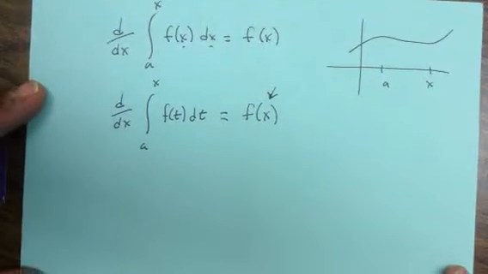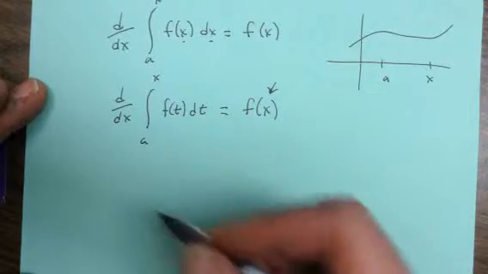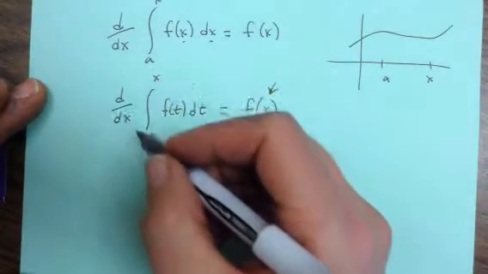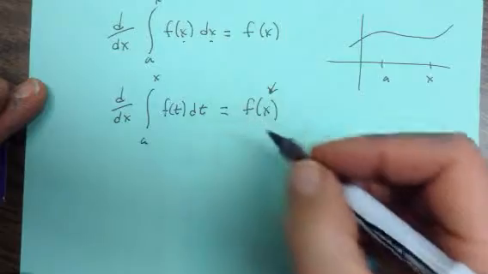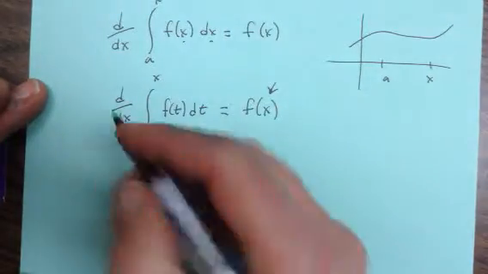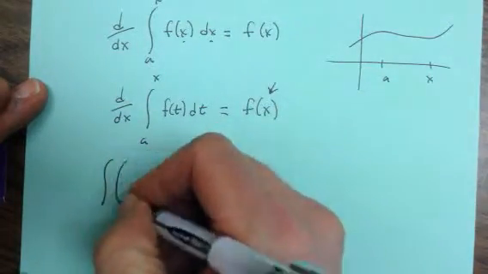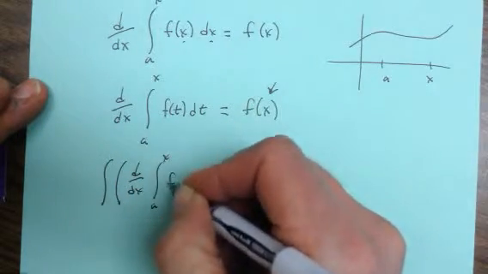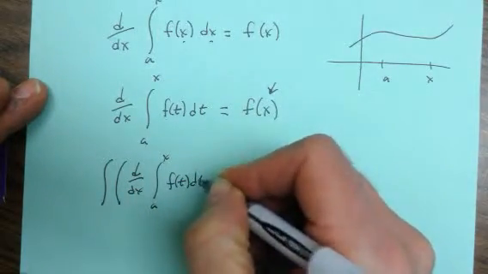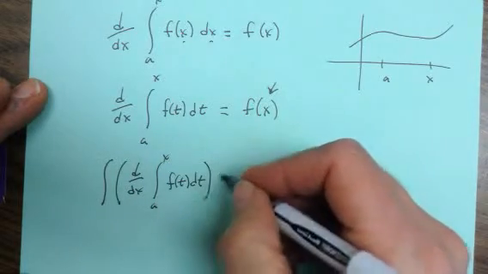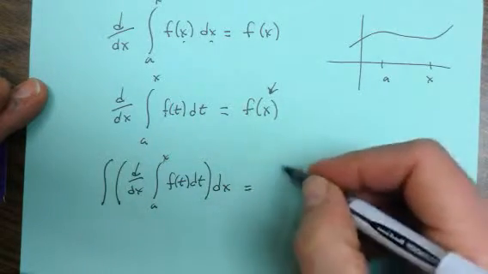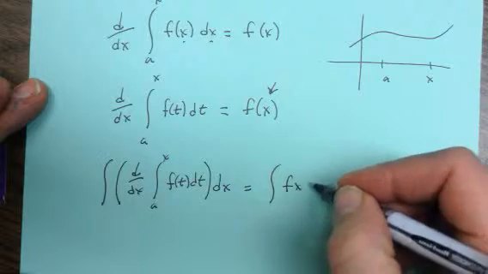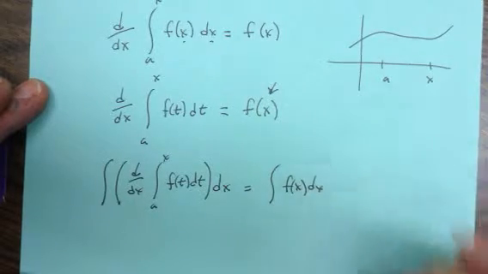Okay, now we're going to take the antiderivative of both sides. So I'm going to just write that out. I'm going to take the antiderivative of that whole mess: the antiderivative of the derivative of the integral from a to x of f(t) dt, with respect to x, is equal to the antiderivative of f of x with respect to x.